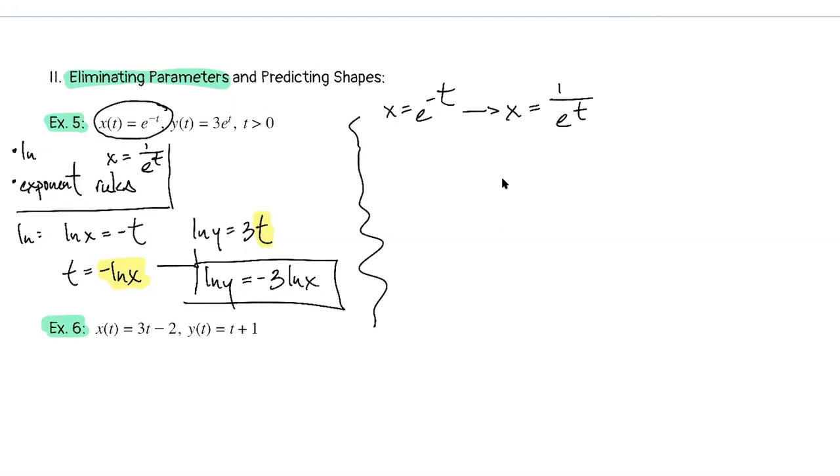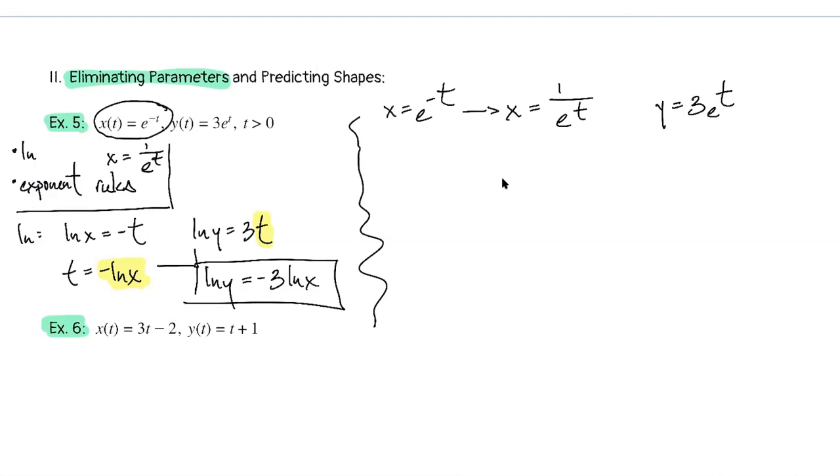So if I have this equation and I have this equation, how can I get rid of the t's? What kind of substitutions can I make here? And let me quantify that by saying, without using natural logs. How can I get rid of this parameter without using natural log?